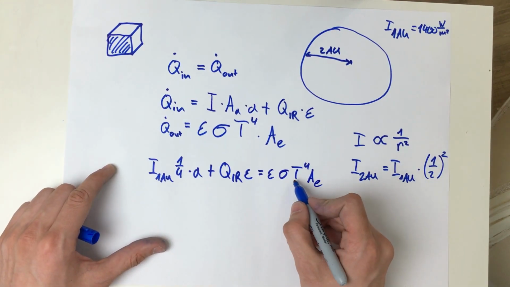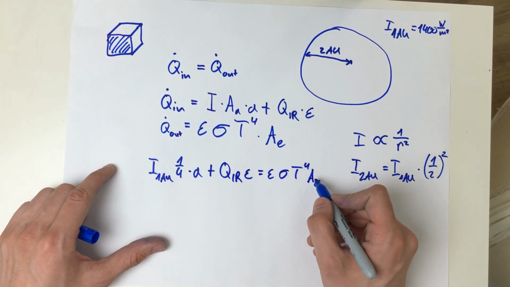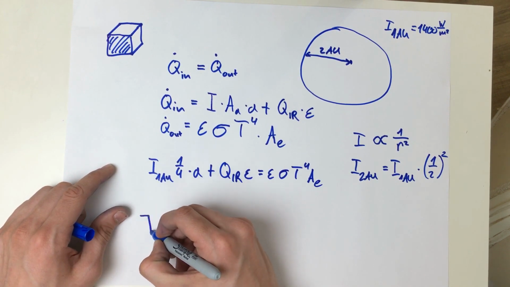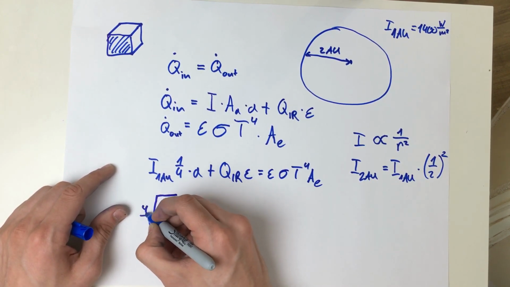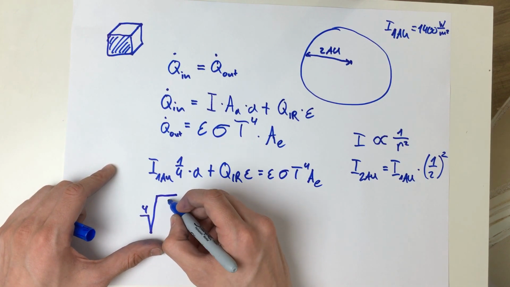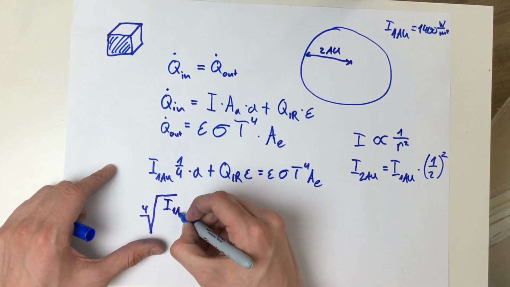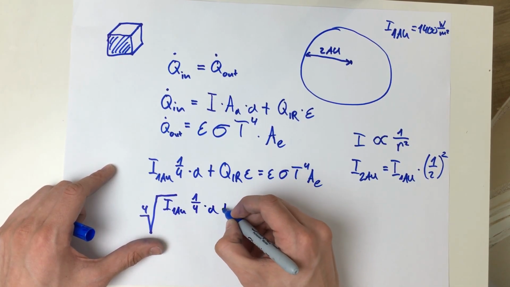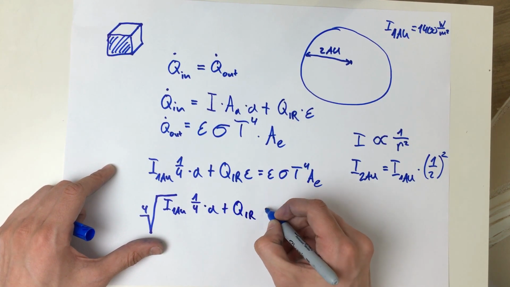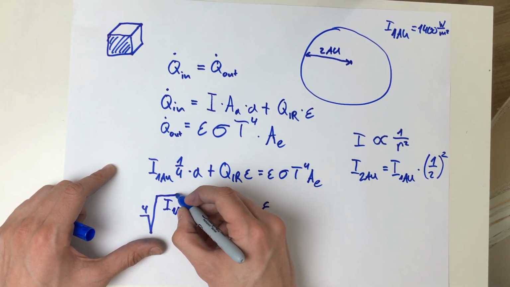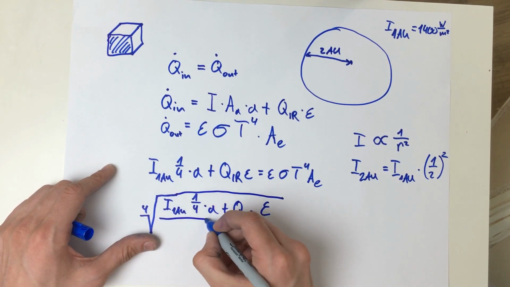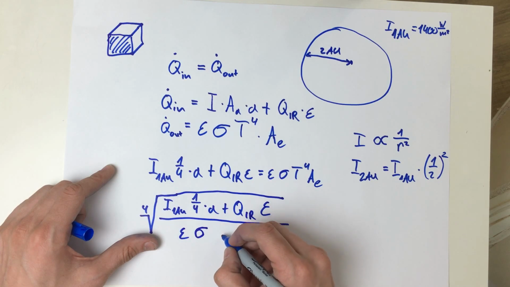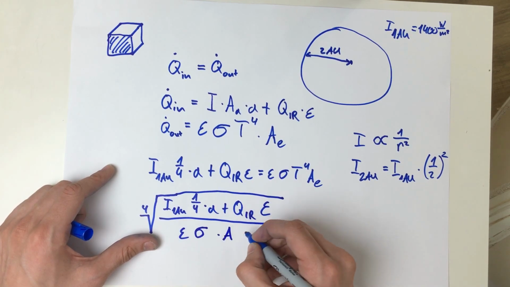You already see we have T to the 4th, so we just have to solve this for T. So we will end up with the 4th root of I at 1 AU times 1/4 times A plus Q IR epsilon, divided by epsilon times the Boltzmann constant times A E.